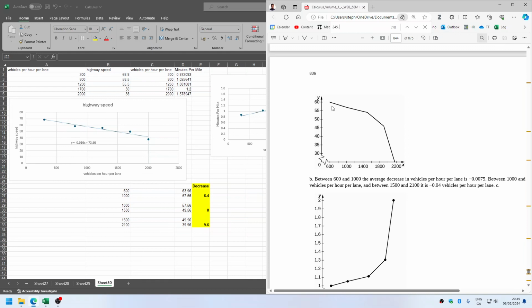And it looks like they used a different procedure for plotting, because at 600 I'm at 70 and they're at 60.